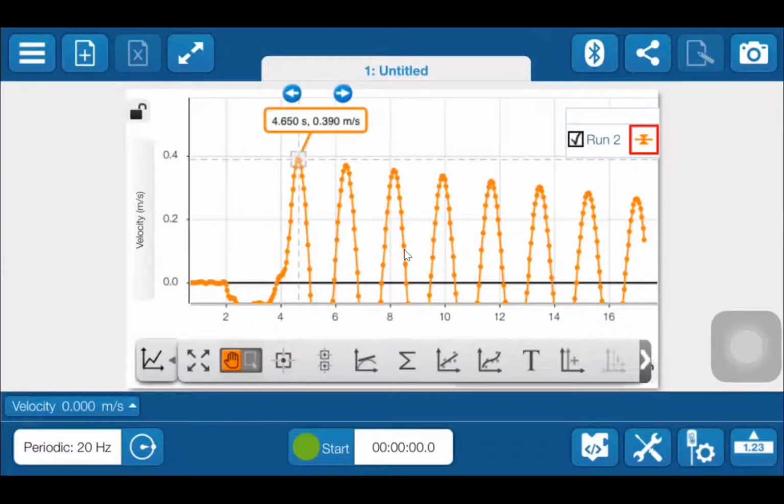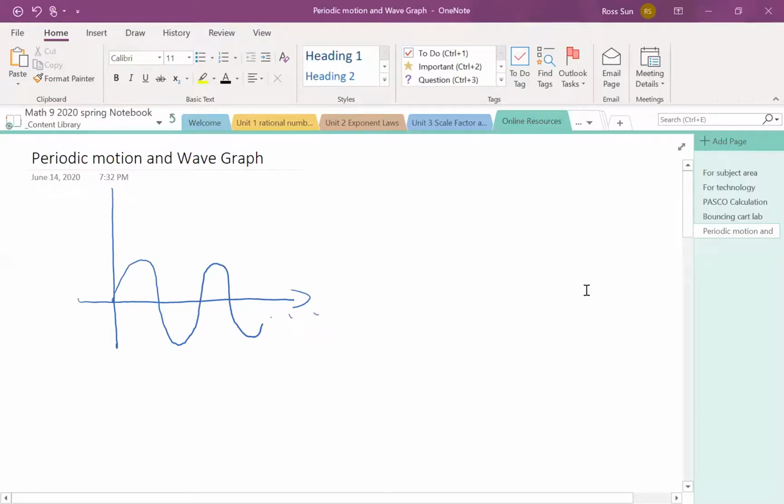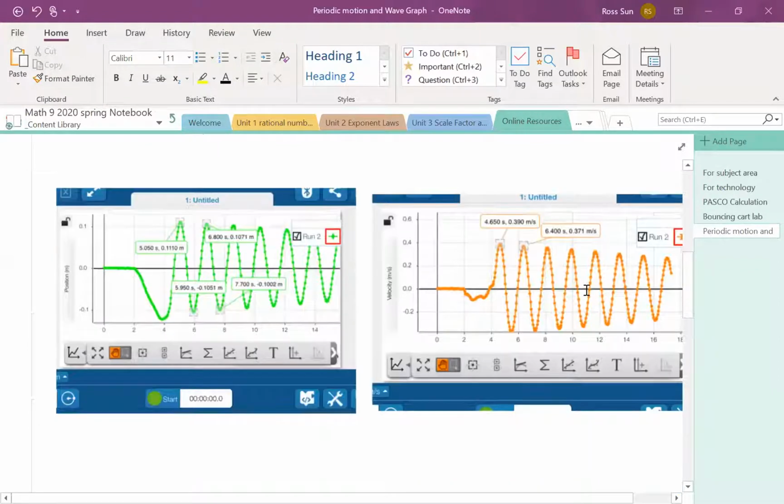So for the velocity, actually, I have a screenshot of those graphs. So to save some time, let me show you the screenshot here. All right.